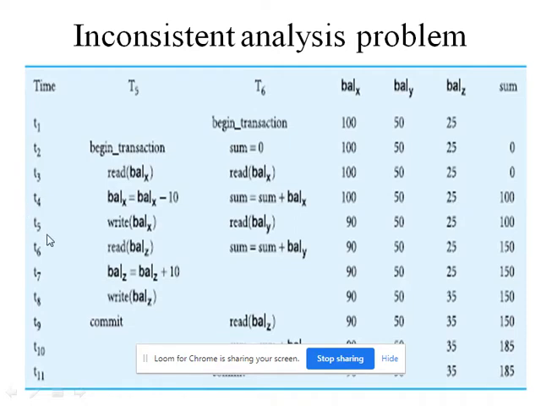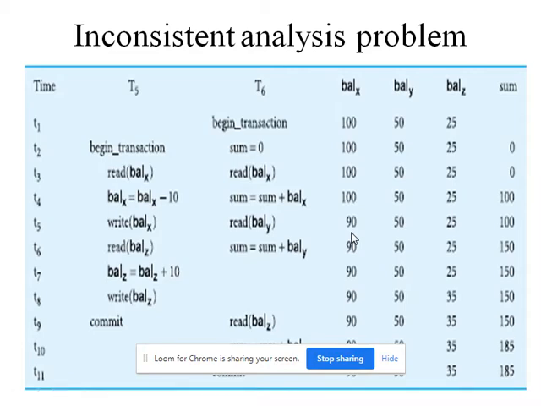At time T5, transaction T5 updates the balance using the write command: 100 minus 10, 90 rupees into the X account. So now the X account balance is 90 rupees.